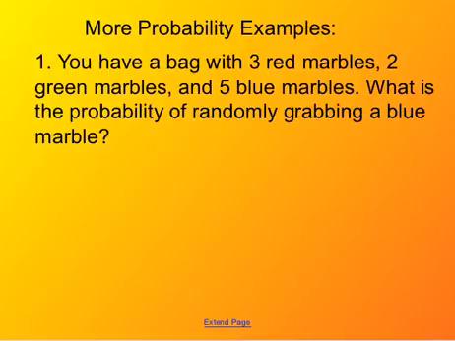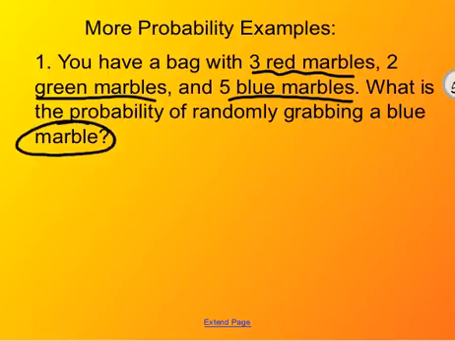So more probability examples. You have a bag with marbles. So I see 3 red marbles, 2 green marbles, 5 blue marbles. What is the probability of randomly grabbing a blue marble? Well, first off, the ones we want is 5. So there's 5 blue ones. Out of, that's the number of successes, 5.